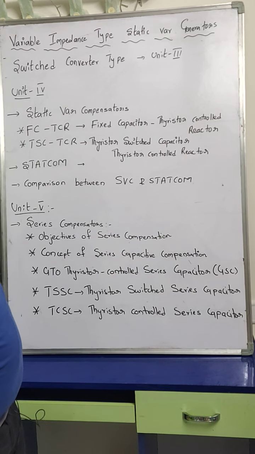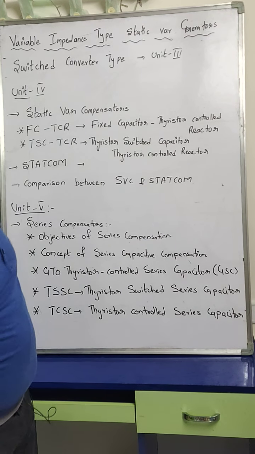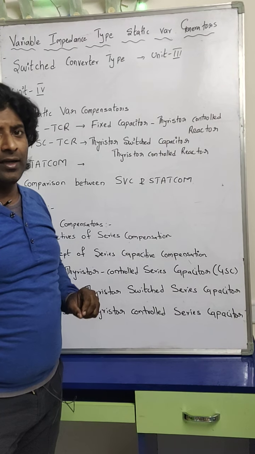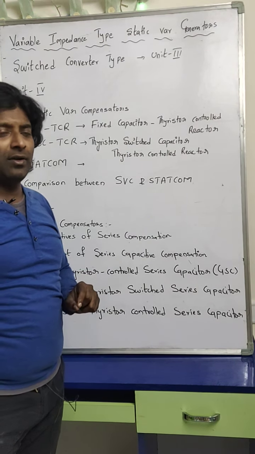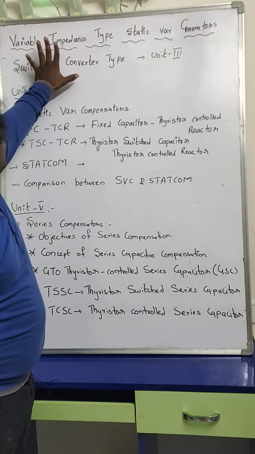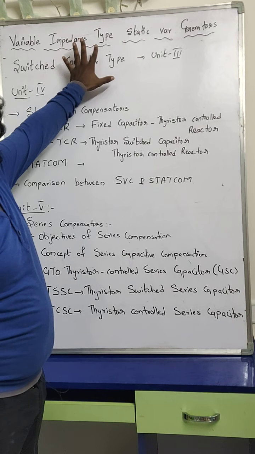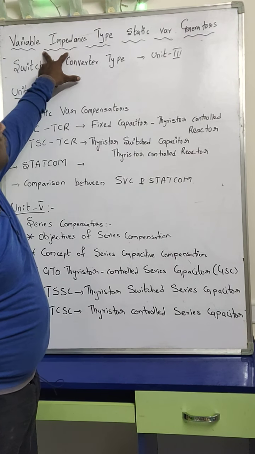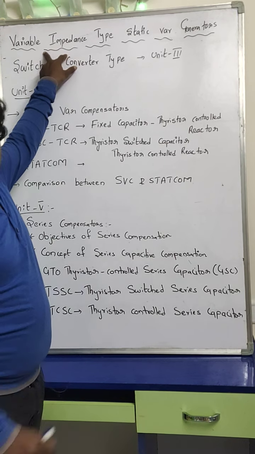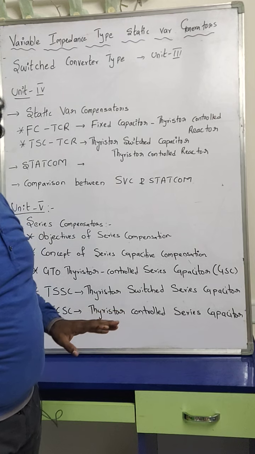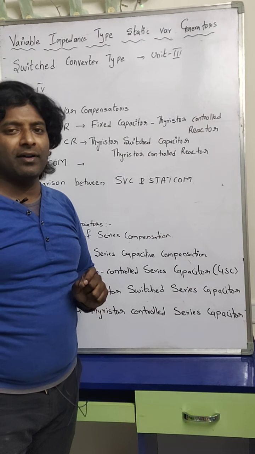Okay, meaning how to generate reactive power, and also how to observe the reactive power. So in the third unit, the second half completely deals with how to vary the impedance to obtain VAR compensation or reactive power compensation.